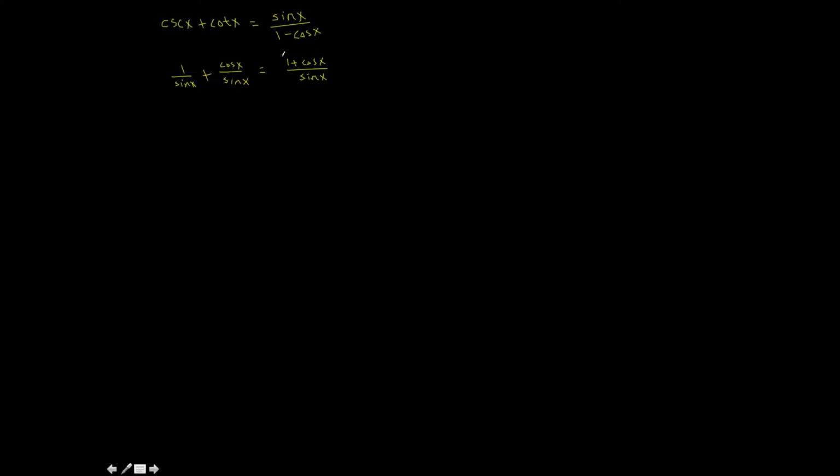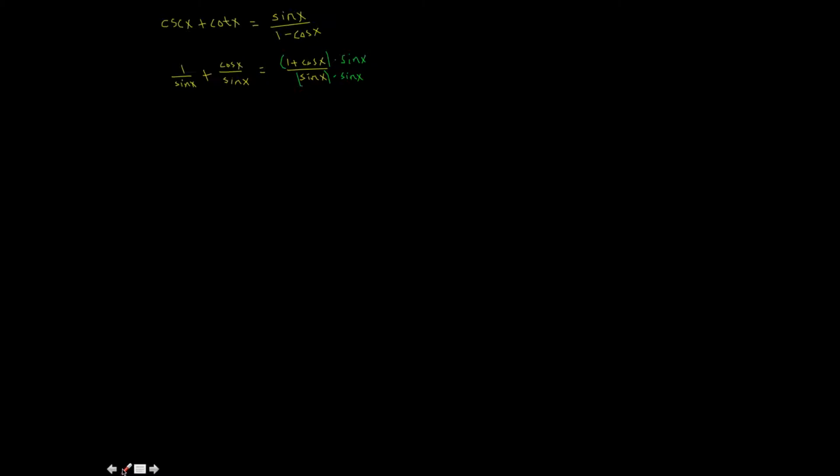So what I'm going to do is multiply the top of this and the bottom of this by sine x. You said, what? Yes, I need a sine x on top, so I'm going to multiply sine x on top. But when I do that, I also have to multiply sine x on bottom, so I don't change the fraction at all.